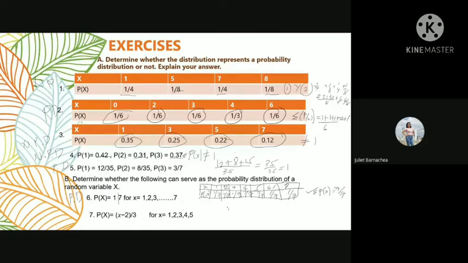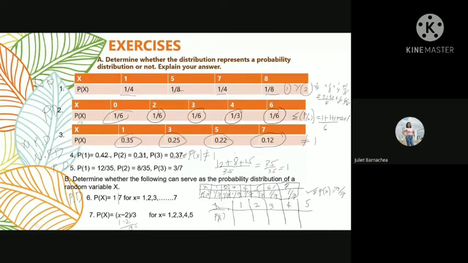Dito sa number 7, magsusolve tayo. Kailangan isolve yan. X over P of X. 1, 2, 3, 4, 5. X minus 2 all over 3, yung isosolve mo dito ay yung x papalitan mo ng 1. 1 minus 2 over 3.